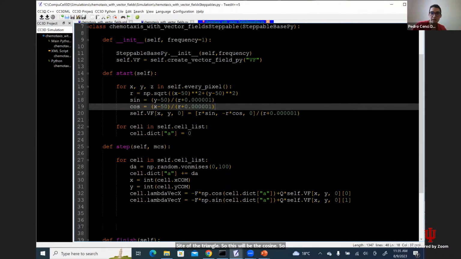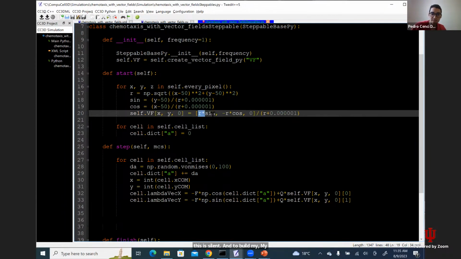And to build my rotational vector field, I have to come up with a rule to create that swirl. So for example, in the x coordinate, I write r times sine, and in the y coordinate, minus r times cosine.